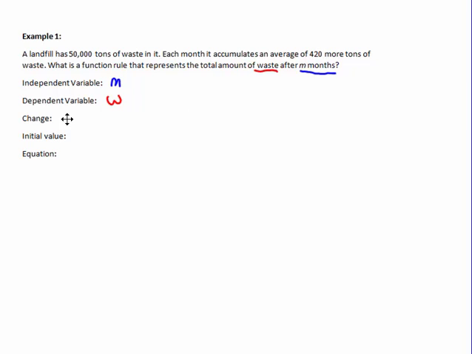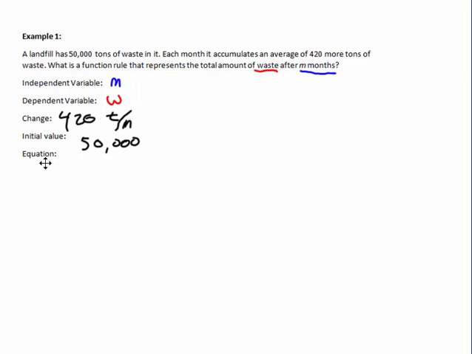So my change is 420 tons per month. I want to see that so we understand it, but it isn't something we necessarily write inside the rule or the equation itself. The tons per month is just so we know how much is added and how often it's added. And then our initial value, well, it starts off with 50,000 tons, so my initial value is 50,000.